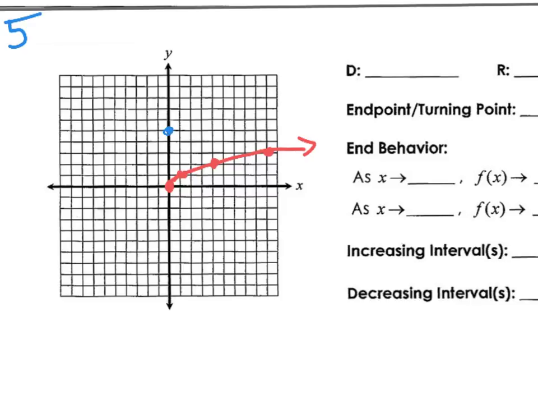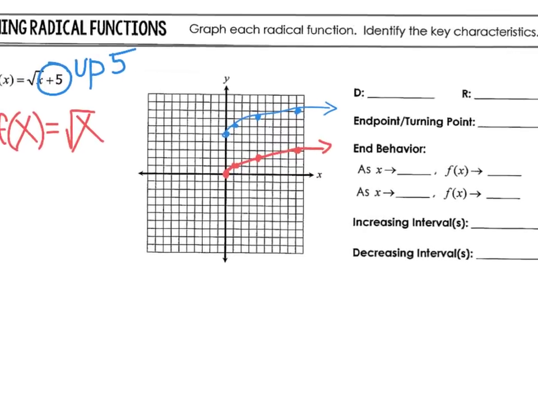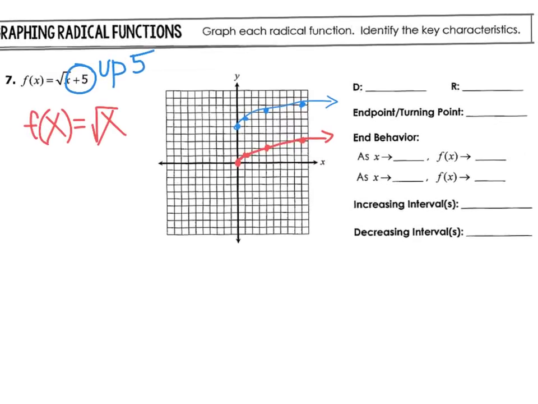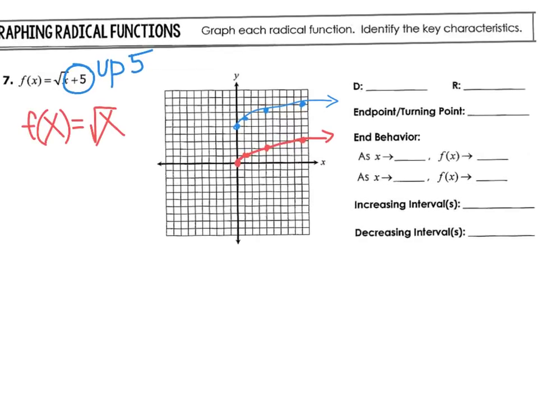At 1, 1, move it up 5. There's our new point. Then we've got 4, 2. Move it up 5 units. There's our new point. And then take your last point, move it up 5 units. And there's your new point. Connect the dots. And now you have your transformed function. You have f of x equals the square root of x plus 5.